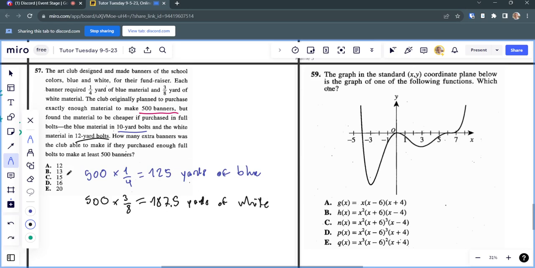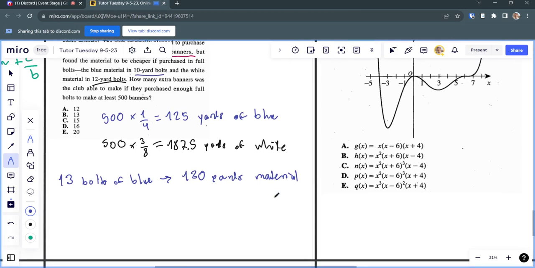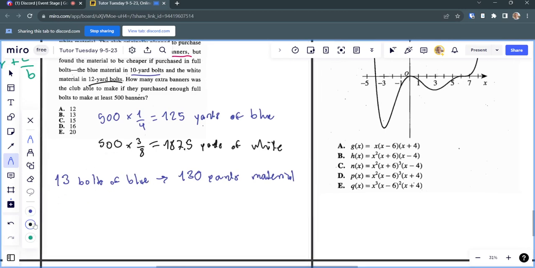So how many 10-yard bolts do they need for the blue? Well, they would need 13 bolts of blue, since that would give them 130 yards of material. Remember that each one is 10 yards.